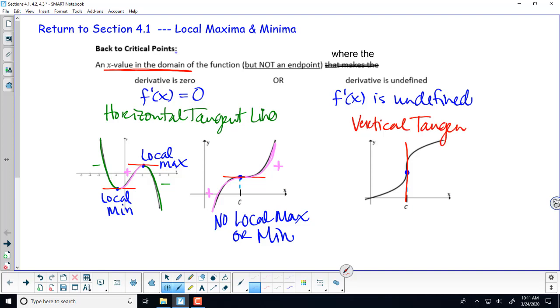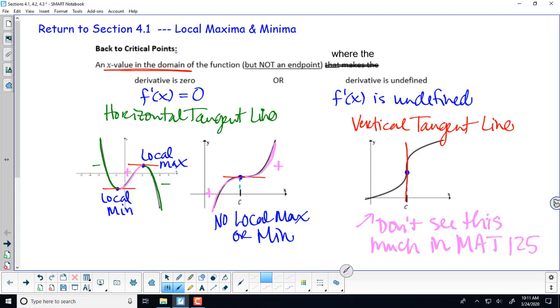And we know that vertical lines have an undefined slope. We don't see this in Math 125, if any, but it's worth bringing up.